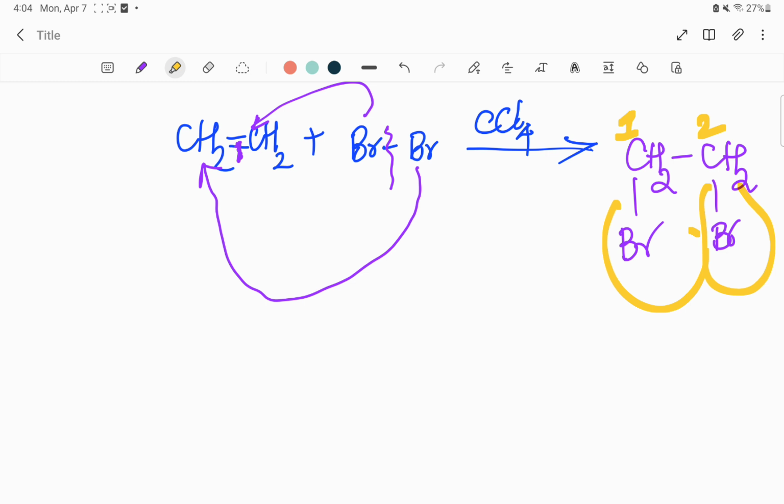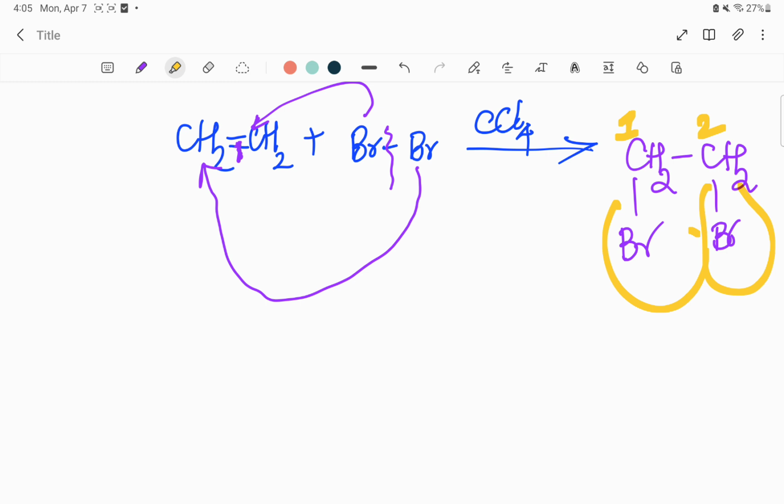Unsaturated hydrocarbons will undergo this reaction with bromine water or bromine in carbon tetrachloride, and as a result you get a vicinal dihalide. Due to that, the original brown color of bromine is decolorized because a new compound is being formed. But this reaction with bromine water is not possible with alkanes, that is, saturated hydrocarbons.